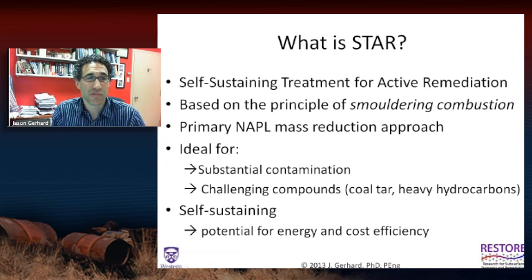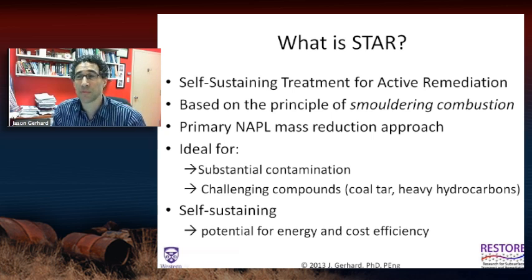It's really a primary NAPL mass reduction approach. By that I mean it's the kind of technology used as a first attempt when you first go into a site that has a lot of NAPL mass, a large significant source zone, and you would use it as a relatively inexpensive way to get a lot of NAPL mass out of the ground. It's probably not appropriate for polishing off a site and getting it down to, for example, drinking water standards for the groundwater passing through a site.